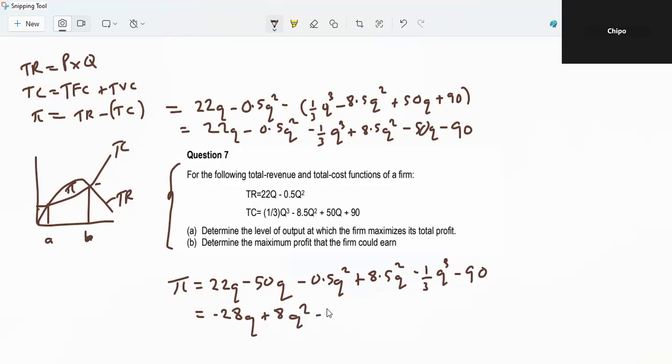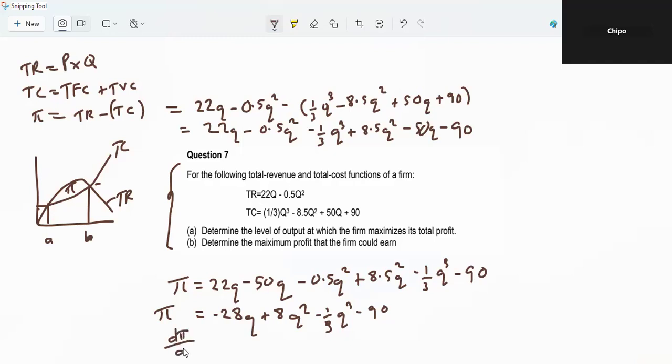Then here minus 1 over 3 Q to the power 3 minus 90. So this is our profit function. So to maximize profit, we differentiate this and equate to 0. And this is a quadratic equation.